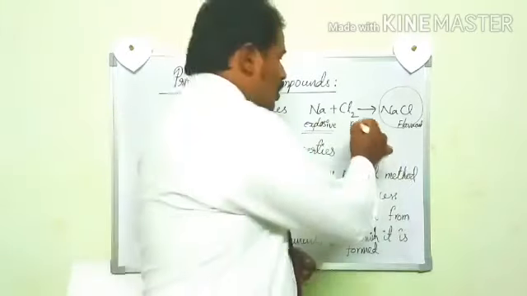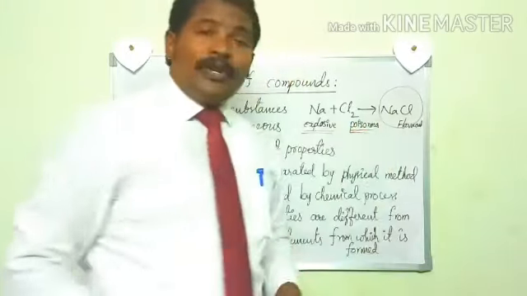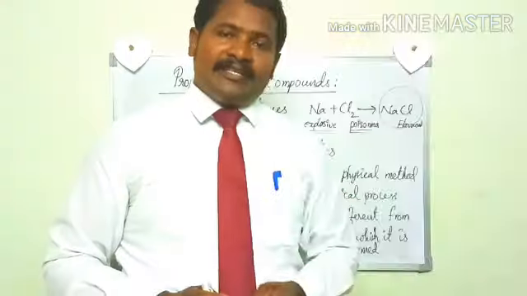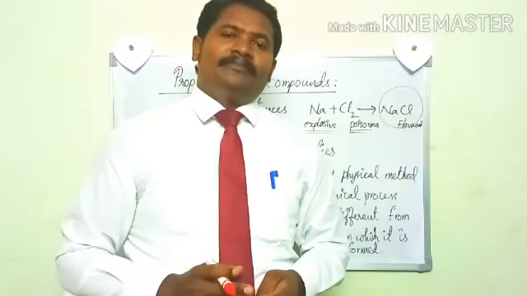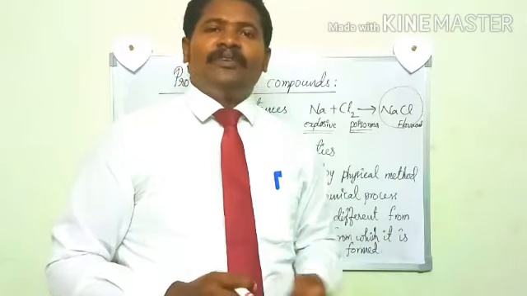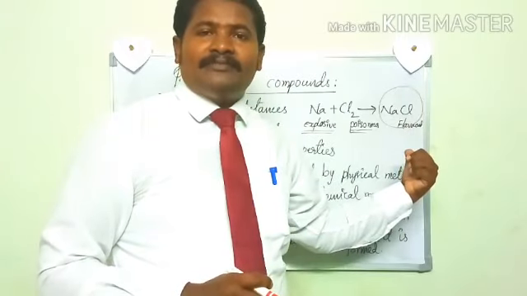The next one, chlorine. Chlorine is a greenish yellow gas which is very deadly and poisonous. Once we inhale this gas, a person will die. That is the nature of chlorine gas.